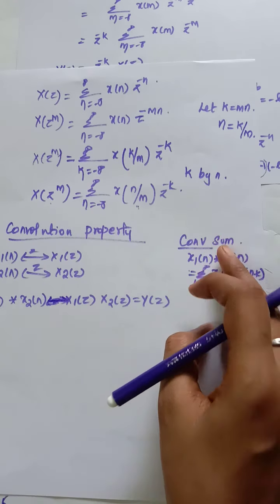Now I am interchanging this order of summation. So first taking k equal to minus infinity to infinity x1 of k, then summation n equal to minus infinity to infinity x2 of n minus k z power minus n.